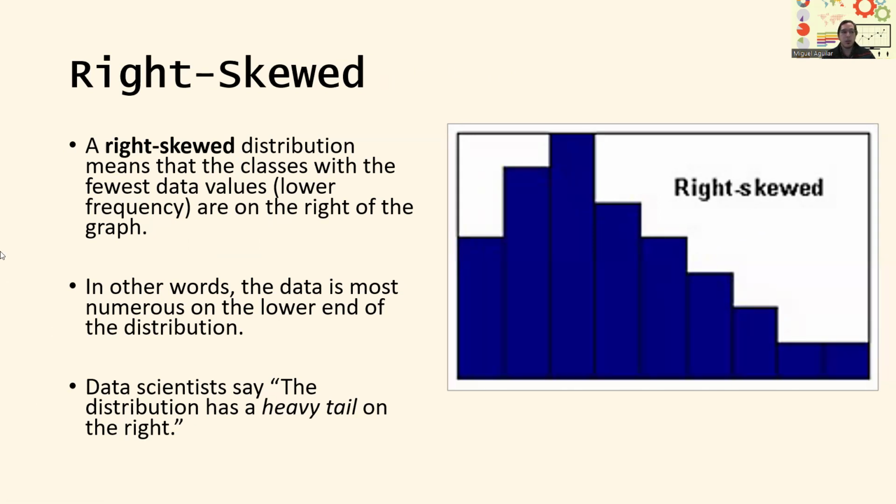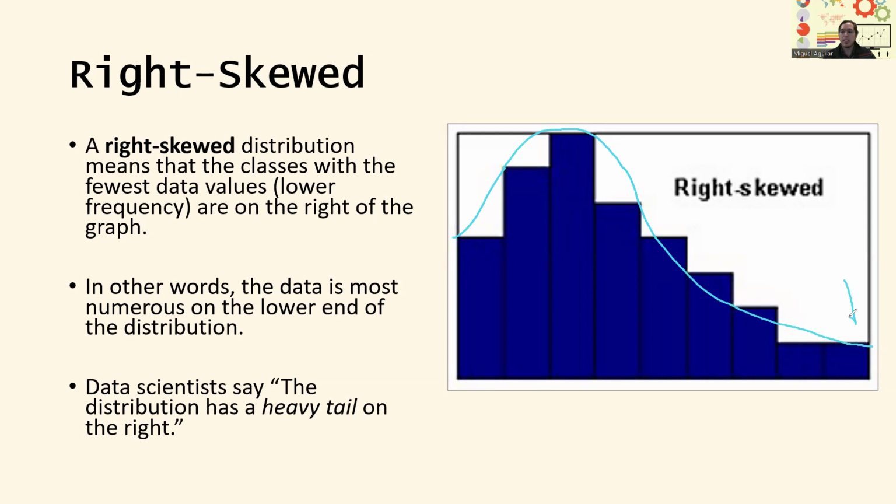So if we take a look at our graph and maybe grab our pen just to annotate, our graph has these modal classes over here, that is the highest frequency classes or the tallest bars on the left side, but on the upper end of our distribution, you can see that the frequency of these classes is taking a pretty steep dive.